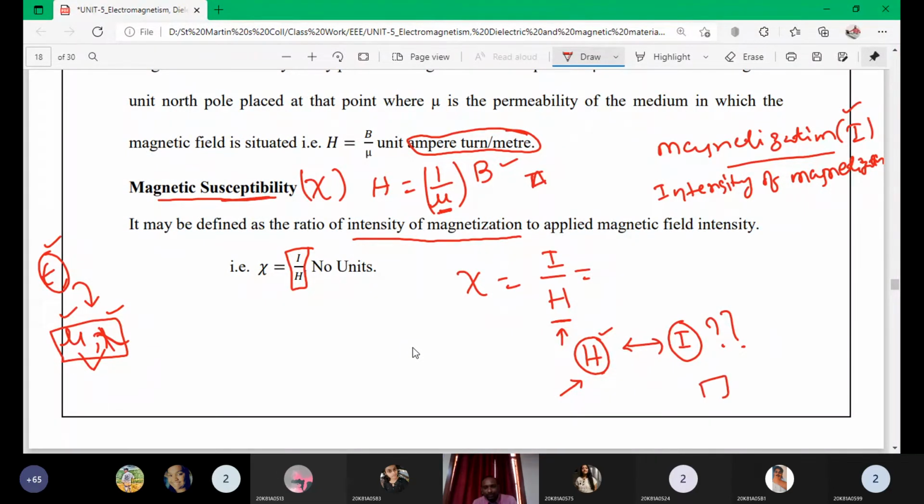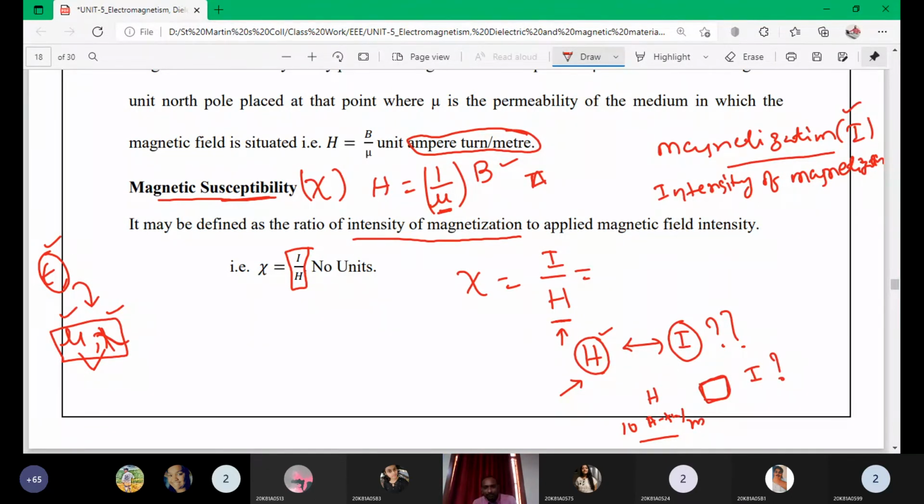Suppose you have a material here, and you are applying some H field, let's say 10 ampere turns per meter. How much magnetization is developing within this material?